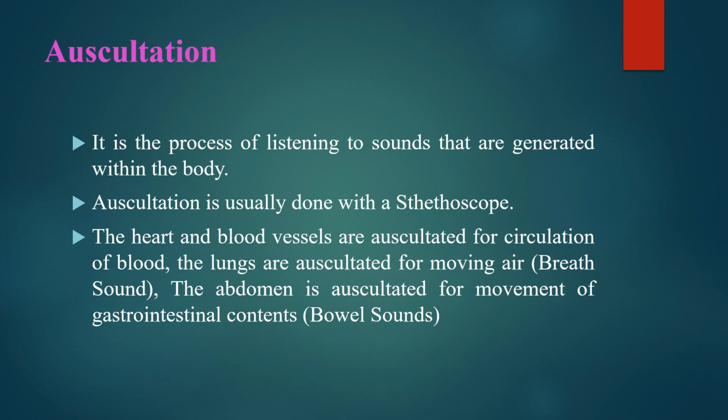The heart and blood vessels are auscultated for circulation of blood. The lungs are auscultated for moving air, that is breaths. When we have a dull or wheezing sound, all of this you can hear with auscultation, with the help of the stethoscope only. The abdomen is auscultated for movement of the gastrointestinal content, that is bowel sounds, whether peristaltic movements are there or not.